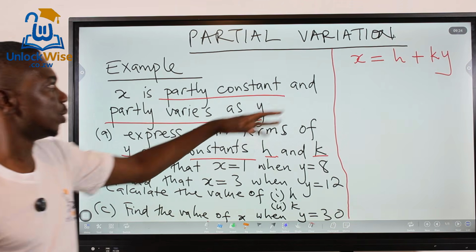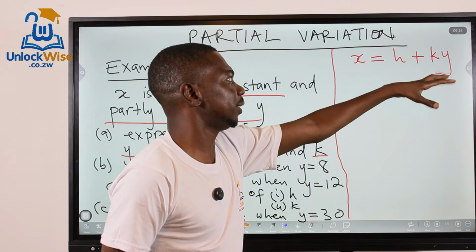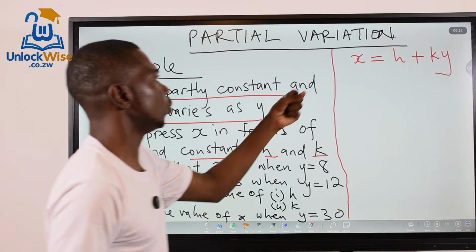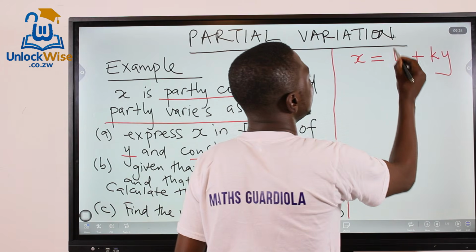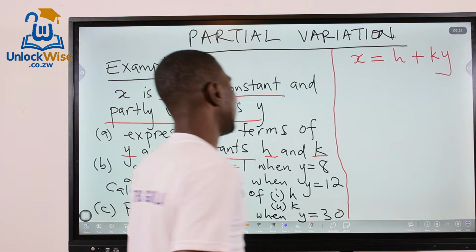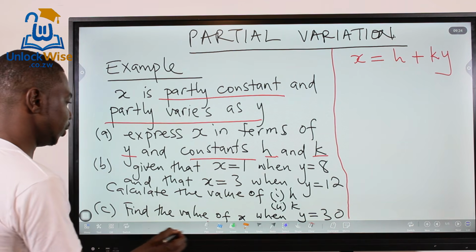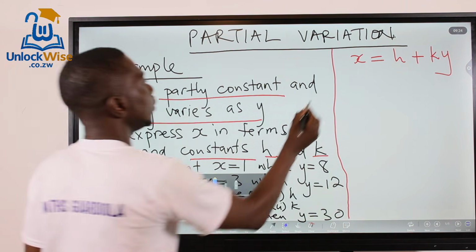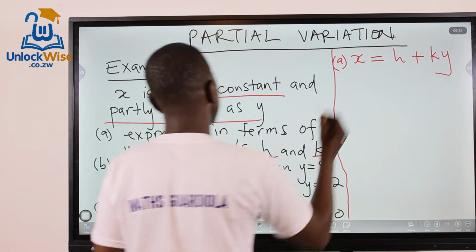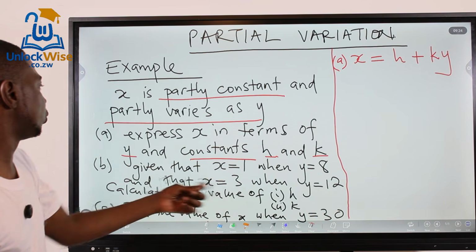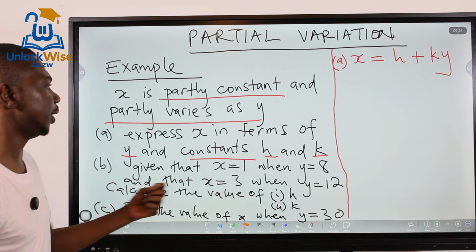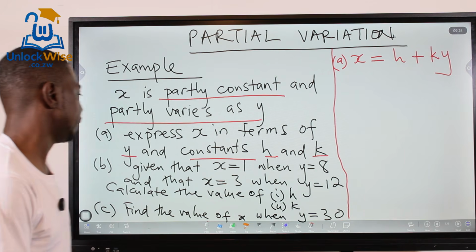So x is equal to h plus ky. Let me call this A. This is our expression in terms of y and the constants h and k.